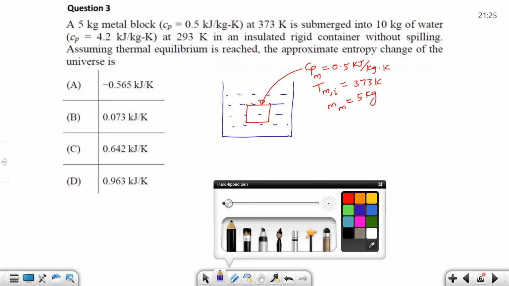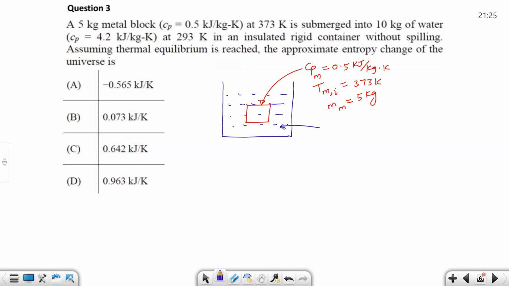Now the water: Cp of water is 4.2 kilojoule per kilogram Kelvin, the initial temperature of water is 293 Kelvin, and the mass of the water is 10 kg.